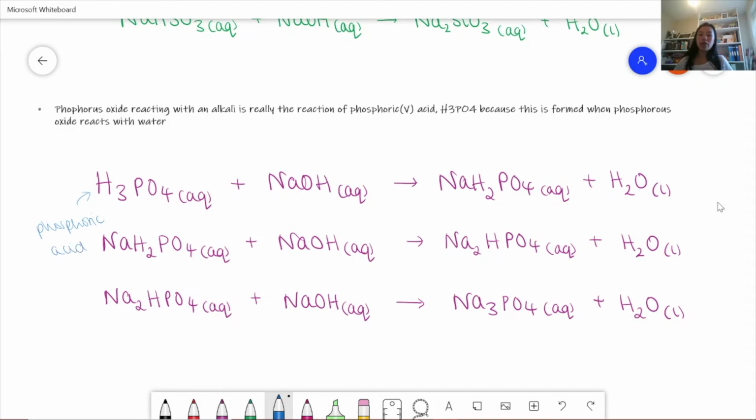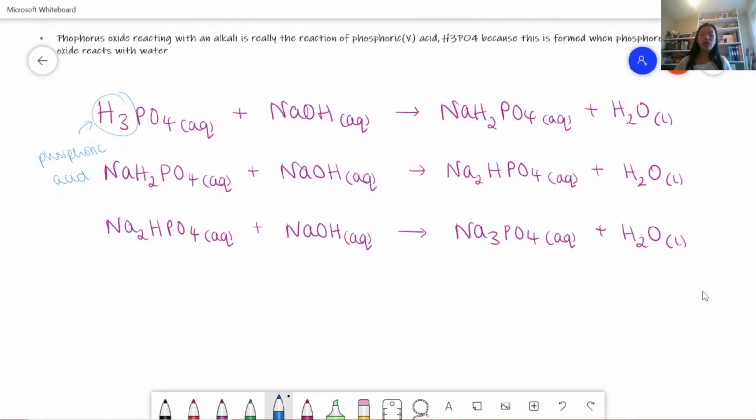And that's what you get when you dissolve phosphorus oxide, which is P4O10. And so the first thing that happens is that because H3PO4 has 3 of these hydrogens, we lose 1 hydrogen each time. So we've lost an H+ in the first reaction, and then in the second reaction we've lost the second H+, and then in the third reaction we've lost the third H+.